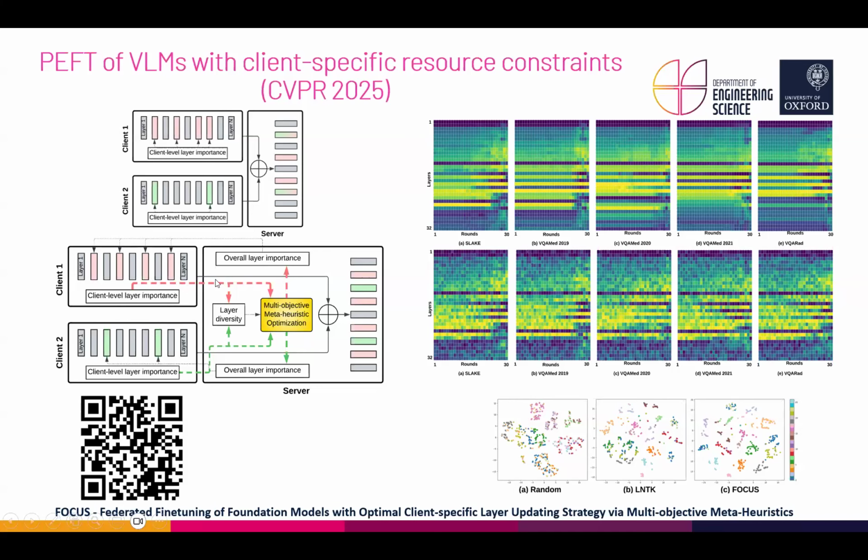We combine these two factors, client-level layer importance and layer diversity, to optimize using a meta-heuristic optimization procedure. As a result, you can see we diversify the layer selection across different clients and across different rounds as well. That leads to better performance in terms of segregation of different classes or different answers as well.